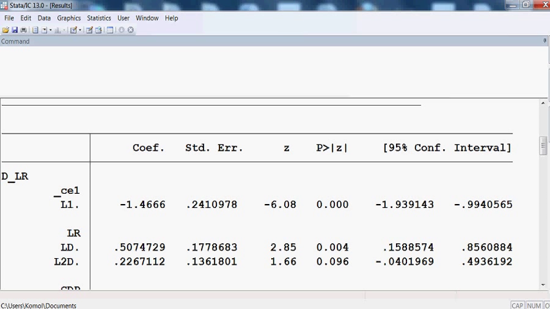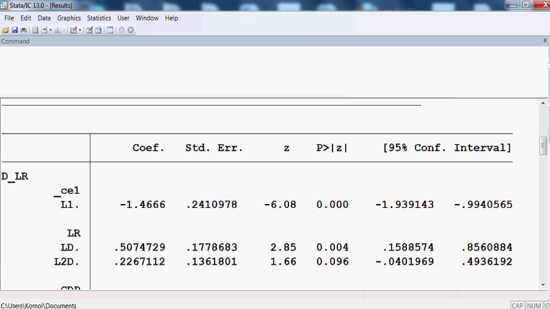Okay, now I can check the whole system model, right? Because this one is actually part of the whole system model, we can check the whole system model also. We can also check whether the whole system model has serial correlation or not.